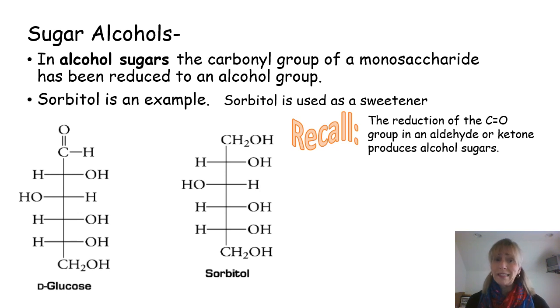So in this case, what do we have here? We have a primary alcohol. How do we get a primary alcohol? Well, we start with an aldehyde. Reduction of an aldehyde with hydrogen and a metal catalyst is going to give us that primary alcohol, right? Okay. If you don't remember, go back to your chapter.